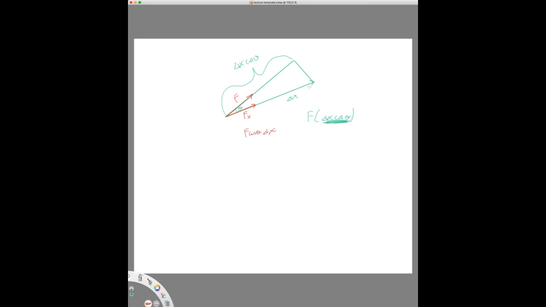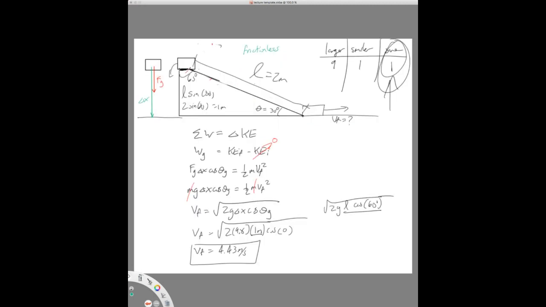Now, I know it probably sounds like I'm speaking in tongues, but let's go back and look at this problem. So this object slides down the ramp. It turns out that when we're finding the work done by gravity, gravity only cares about how much of the displacement is in the vertical direction. That's this 1 meter.